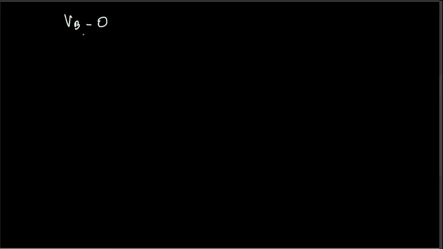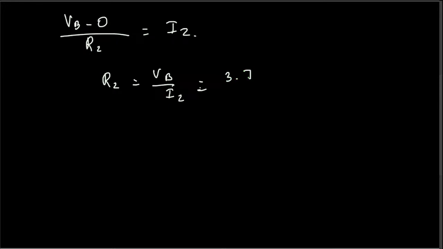Therefore, R2 should be equal to VB divided by I2, and VB is 3.7 divided by the I2 that we calculated, 363.6 microampere, and that will give us 10.176 kilo ohm resistance, and that's our R1 and R2 values.